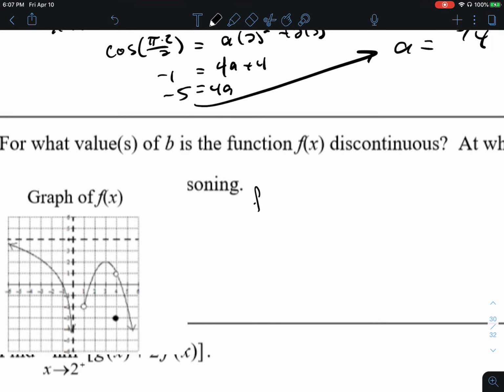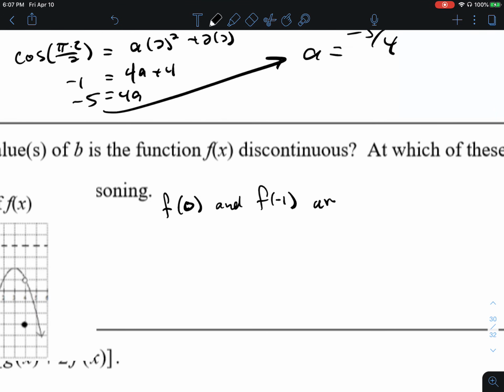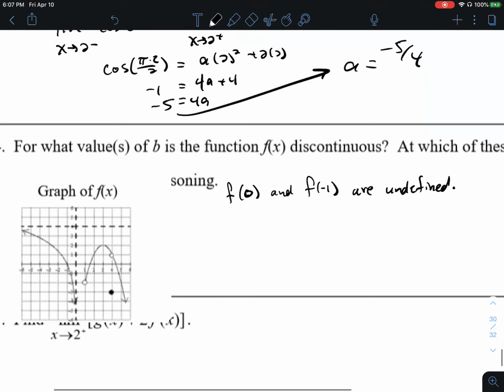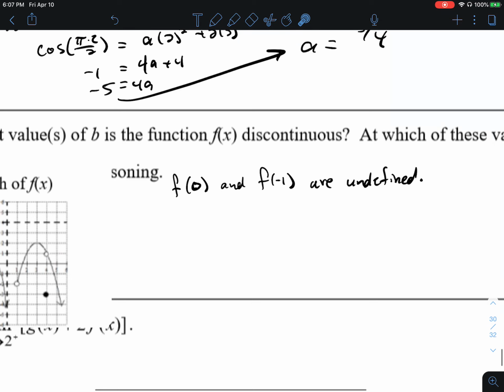I could say that f of -1, no, sorry, f of 0 and f of -1 are undefined. Because if you look here at 0, there's no y value, it's a vertical asymptote, and at 1, there's a hole in the graph.